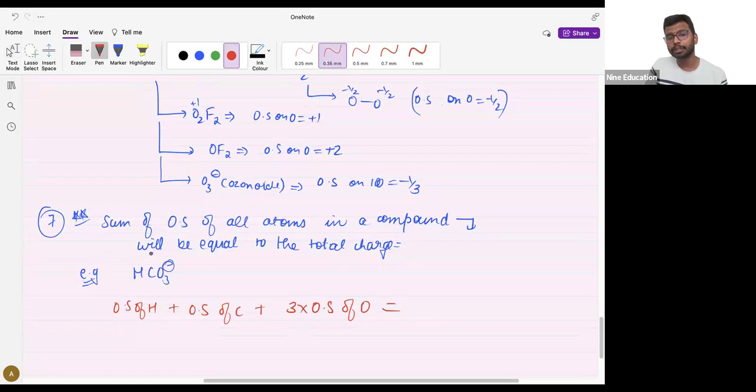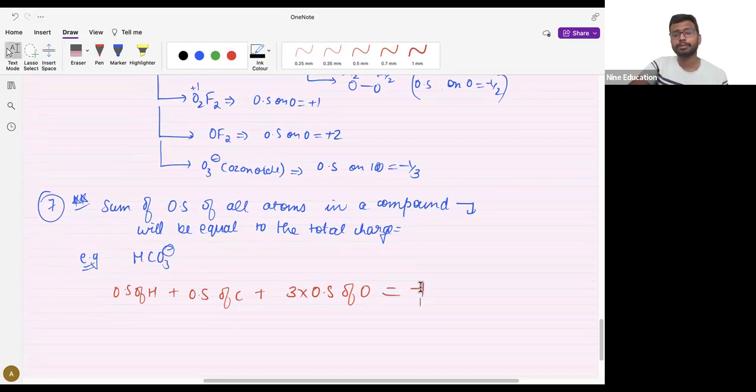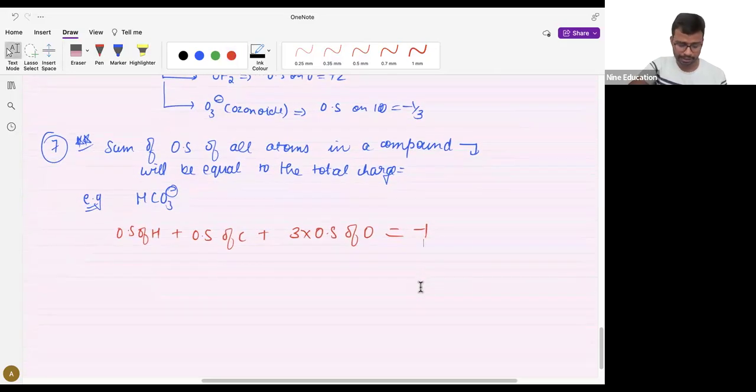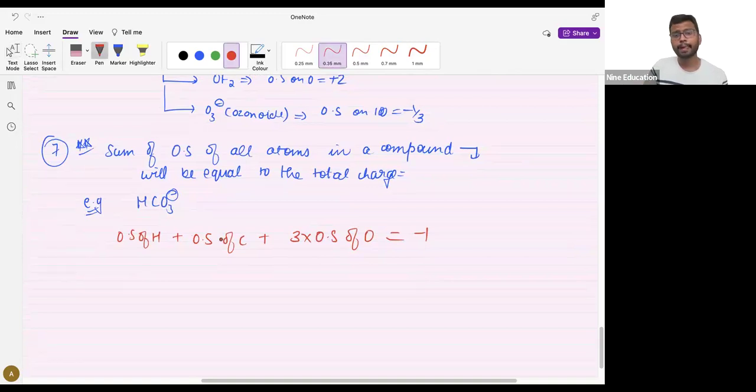Total charge. Total charge on HCO3- is -1. Understanding or not, beta? So the sum of oxidation states of all atoms in a compound will be equal to the total charge on that species.